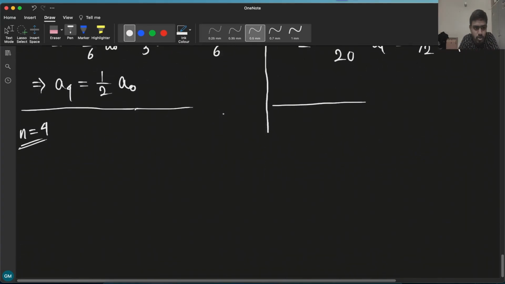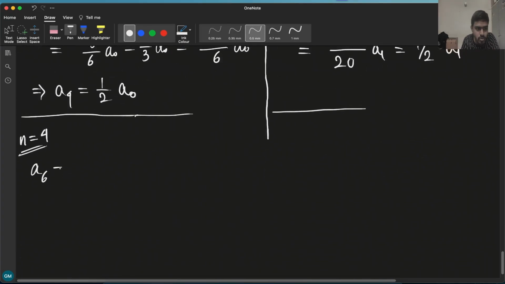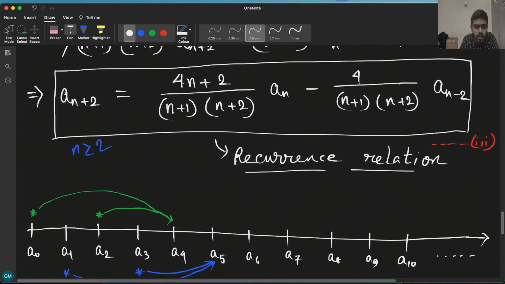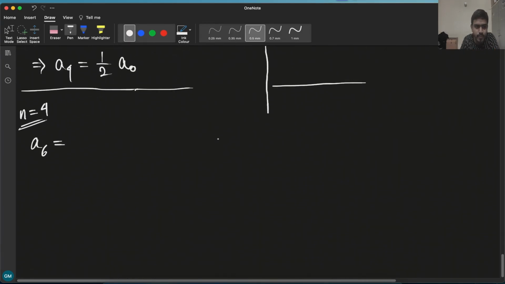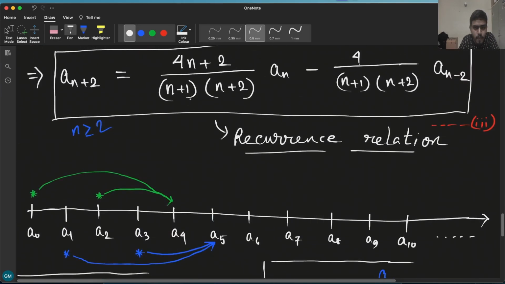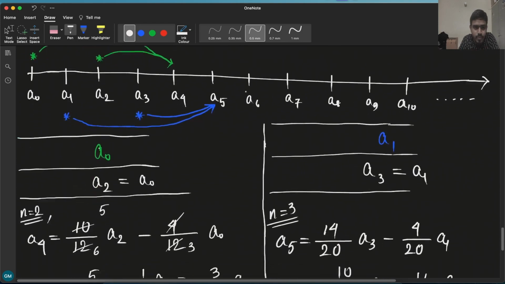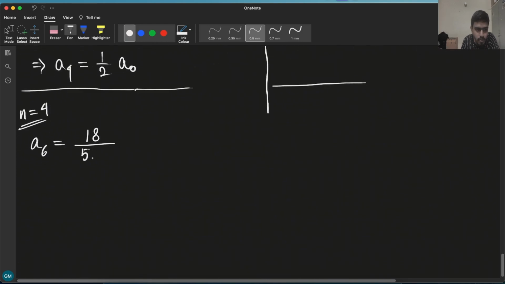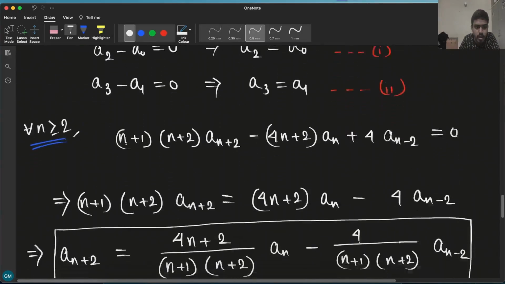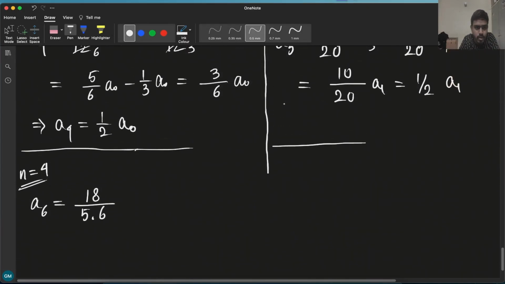So a6 equals 4 times 4, 16 plus 2, 18, divided by 4 plus 1, 5 times 6, a4 minus 4 divided by 5 times 6 a2, right?